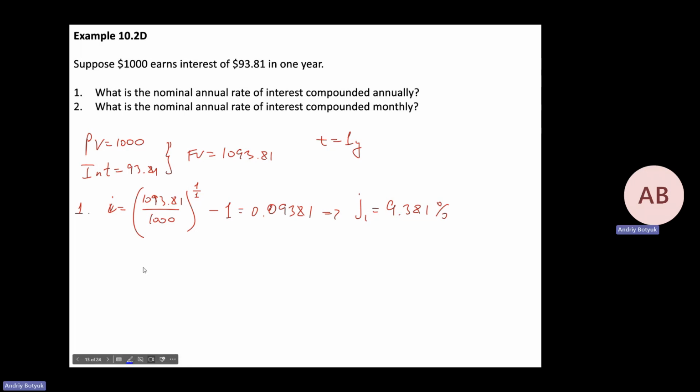Let's do the second one. The numbers are the same. The only difference is I have 1 over 12 here. Everybody knows why 1 over 12? Monthly compounded for 1 year, right? So 1093.81 divided by 1,000.